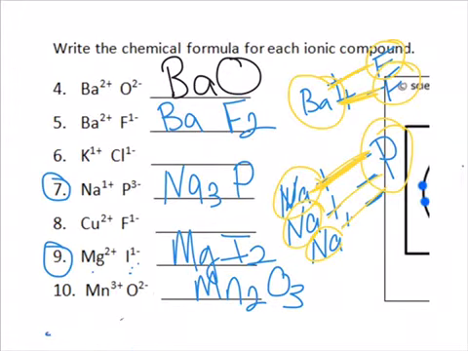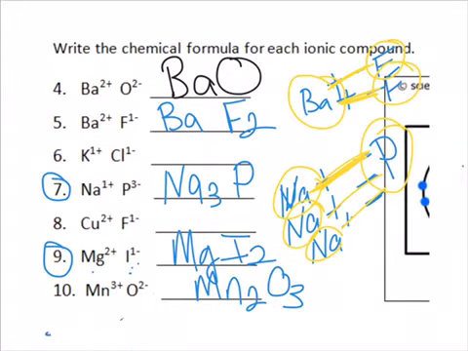One of the things I want you to notice is, look what happened. We have a positive 1 and a negative 3, 1, 3, and we have 3, 1 in our actual formula. Are you seeing this? 1, 3 gave us 3, 1.